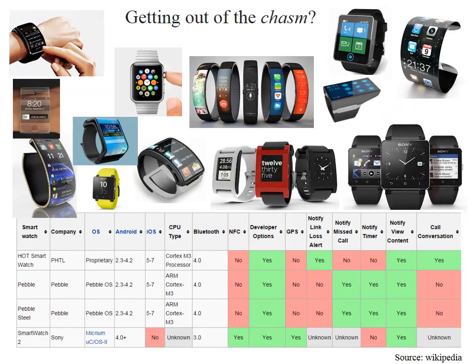A typical example of a technology that has been in the chasm probably until now is the smartwatch. Look at the picture. There are tens of different types of smartwatches. They're all very different in terms of what they do, what applications, whether they relate to a mobile phone or not, what type of operating system they use, and so on. Smartwatches have been around for many years, but they've always been on the fringe of the market.